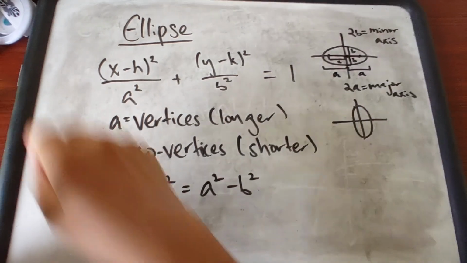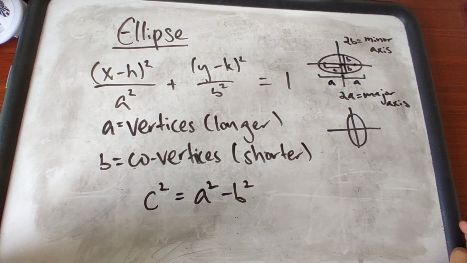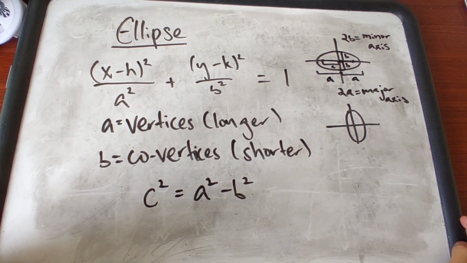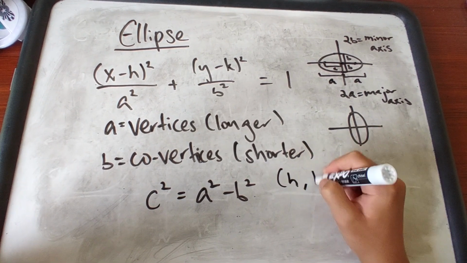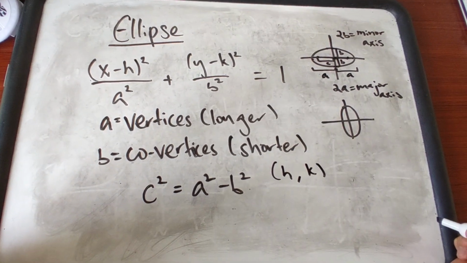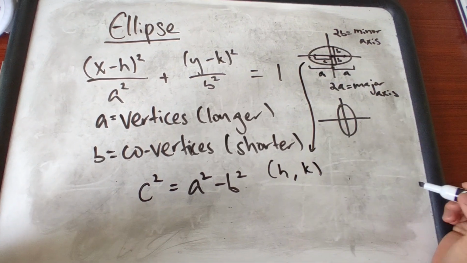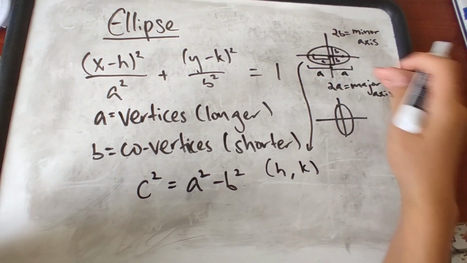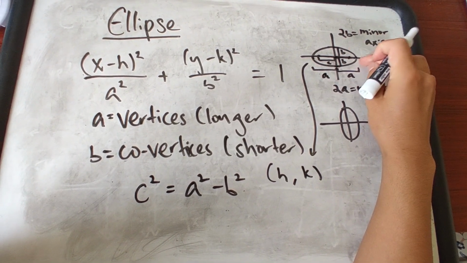Alright, and another thing I want to point out is how this works when you put it in ordered pairs. So the center would be (h, k). In this example, we're going to use this ellipse to find the points from the center to the end of the ellipse.